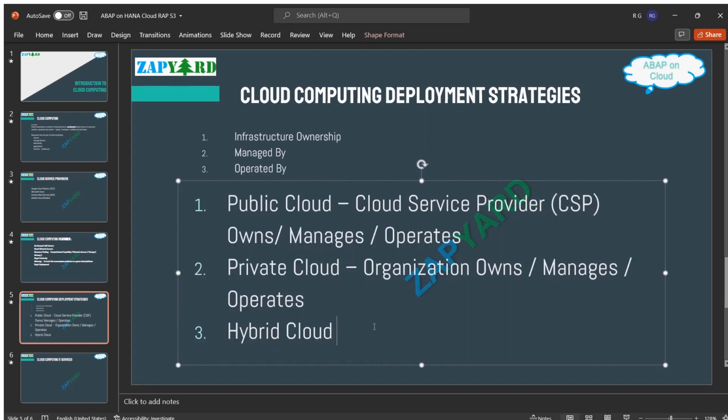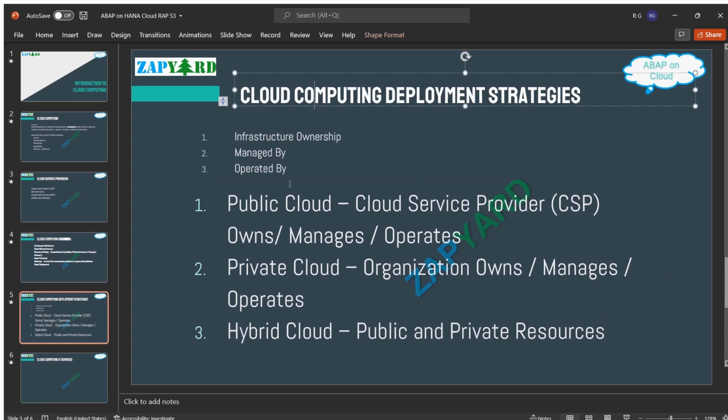The third and the final, which is widely used in order to have cost cutting and a very flexible model of cloud deployment, is hybrid cloud. What do we mean by hybrid cloud? It includes both public and private resources. What does it mean?